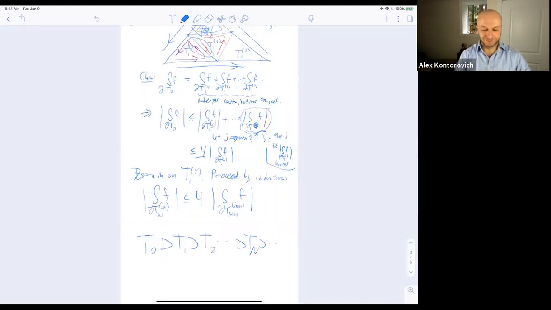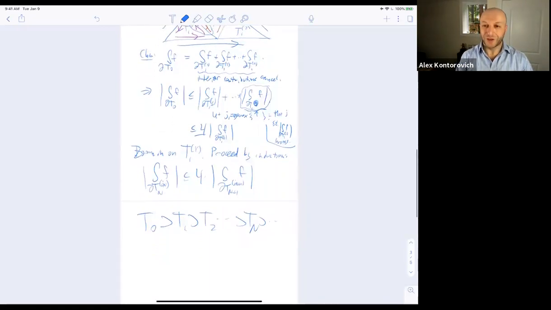Well, I want to know what's going on. My claim is that all of these are closed and bounded triangles, so they're compact.